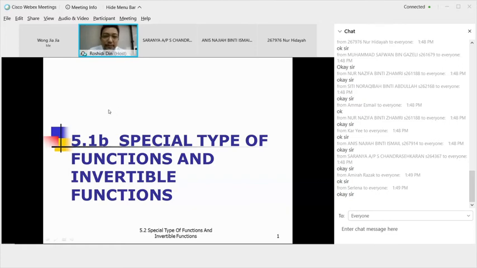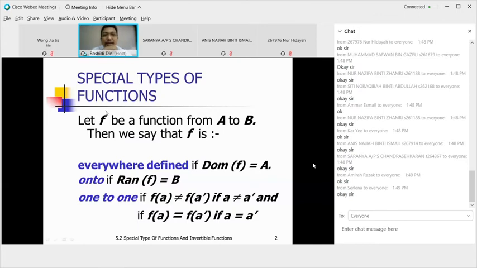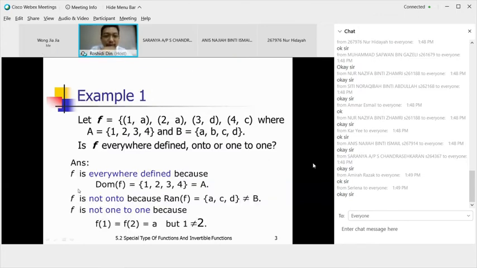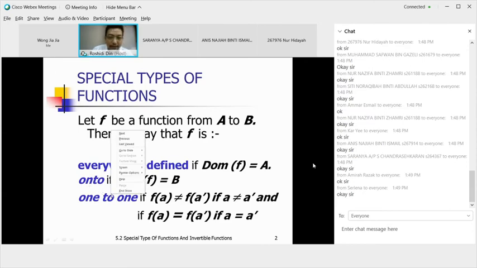So what is the special type of function? Previously I was confused with one to one here. When we focus on function, the function can be many to one and one to one.